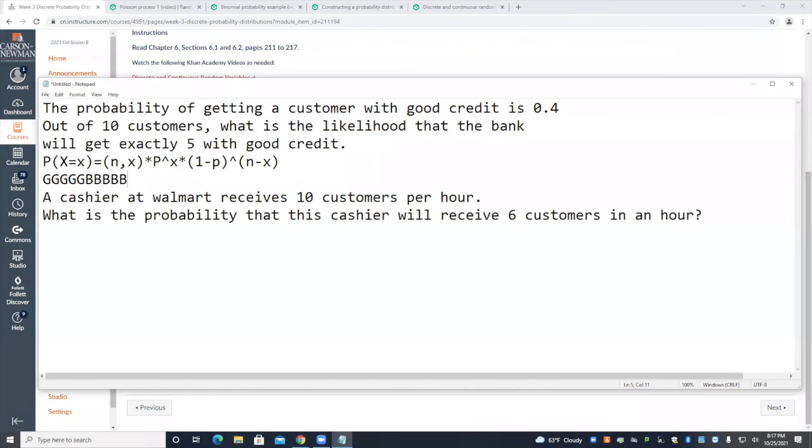Probabilistically, if events are independent and you have x of them, in each one of those cases you're going to have a P for each. So why is it P to the x? Because that's the probability of getting 5 good customers, ignoring their sequence.